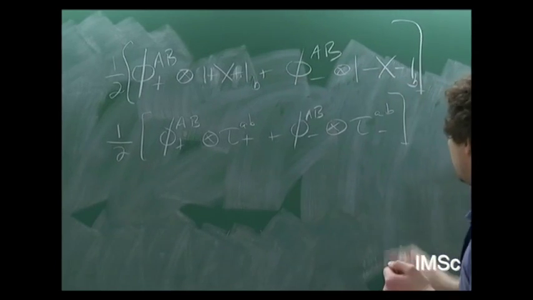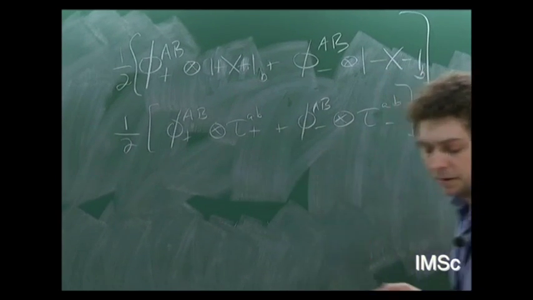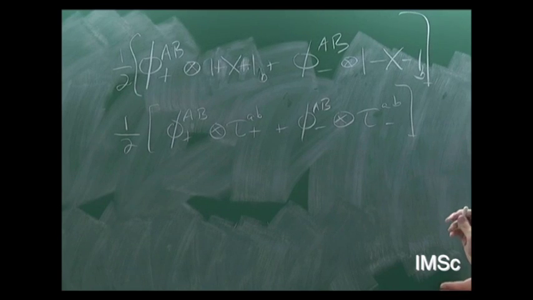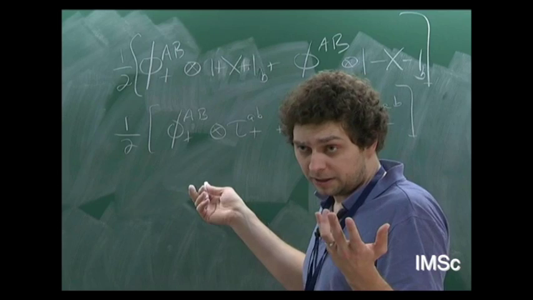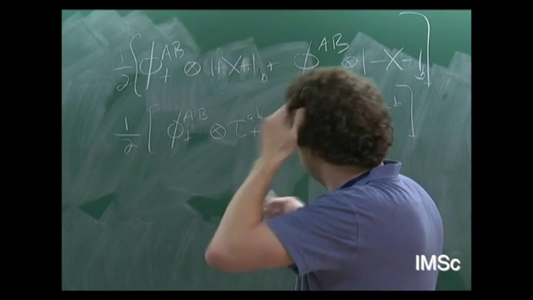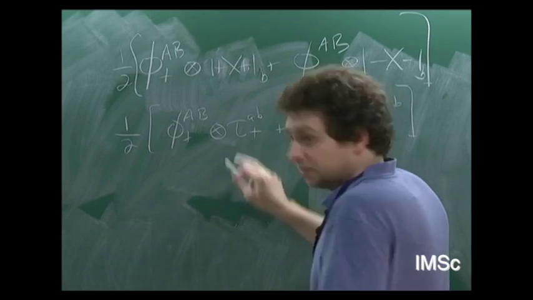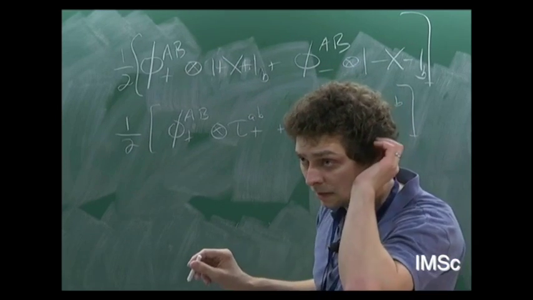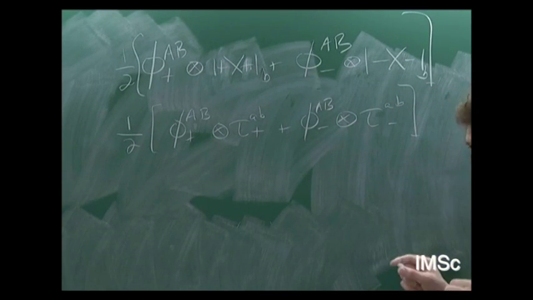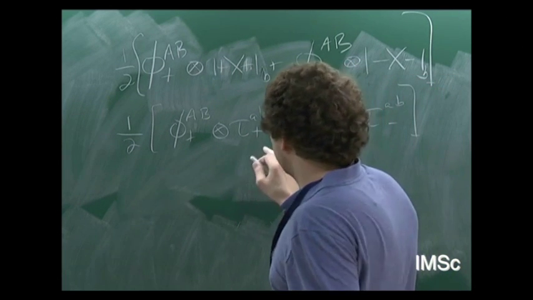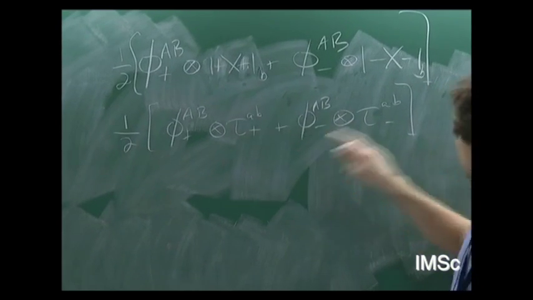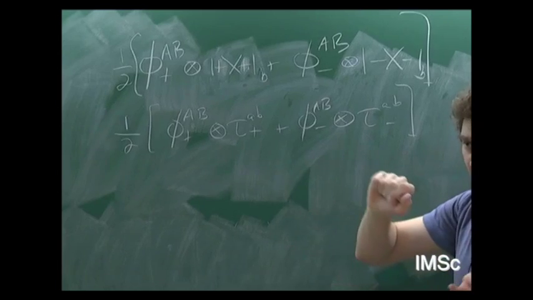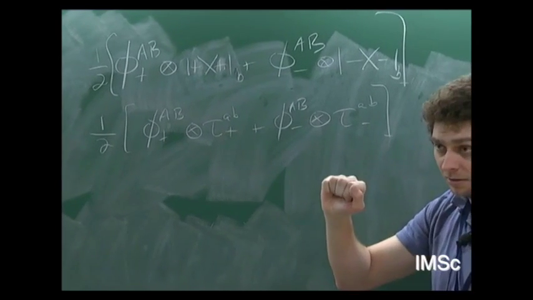If they're orthogonal, that makes you feel like you should still be able to distill a full ebit, because you just figure out which state you've got, tau plus or tau minus, and apply the correct phase correction.